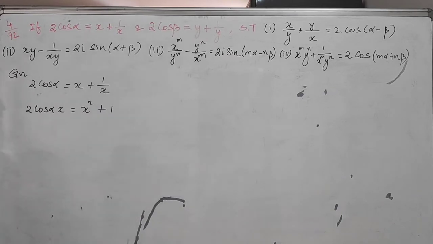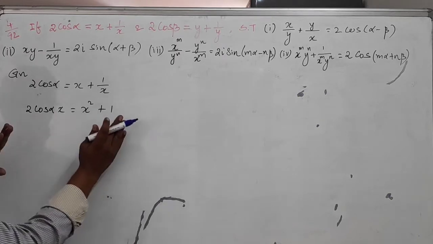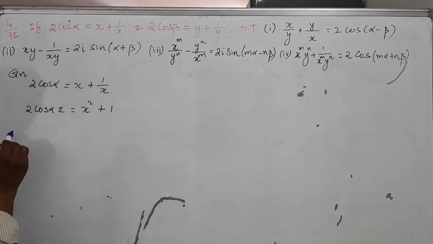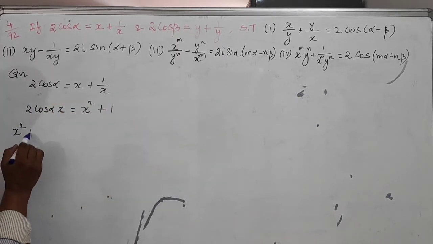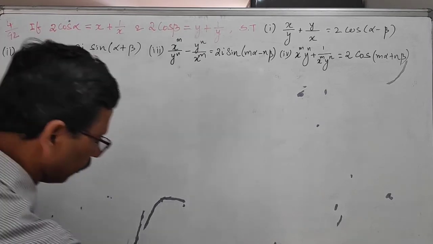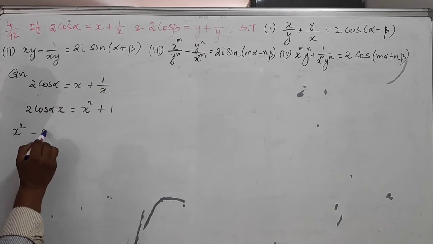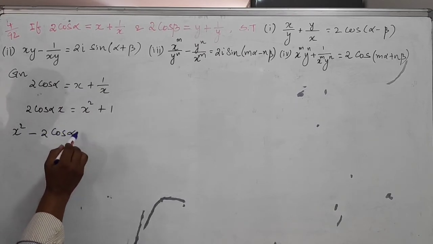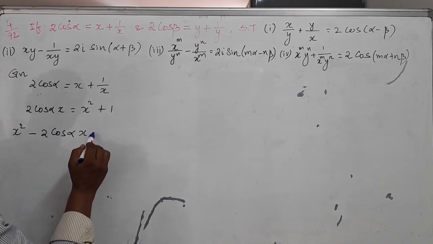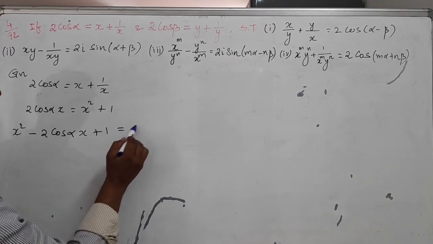Now you bring everything to the right hand side. You can write x square minus 2 cos alpha x plus 1 equal to 0.